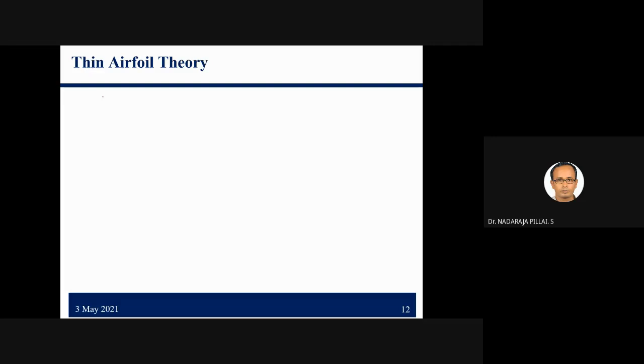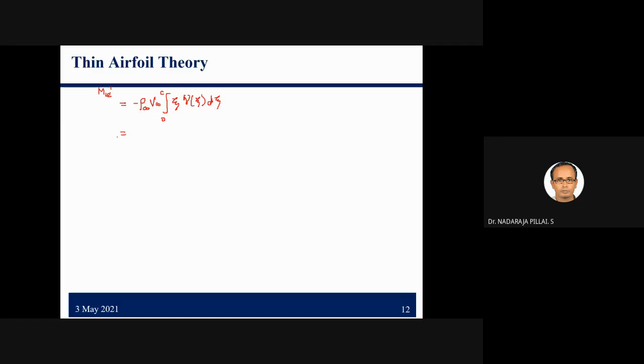The moment about the leading edge is equal to minus rho infinity V infinity integral 0 to c zeta gamma of zeta into d zeta. We already know what zeta and gamma of zeta are when we want to transform it in terms of theta.